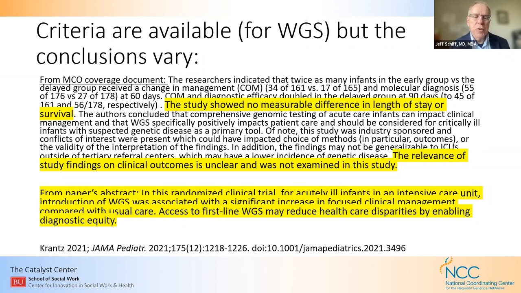It says the study showed no measurable difference in length of stay or survival, which is the outcome part. The relevance of the study on clinical outcomes is unclear and was not examined in the study. However, the paper's abstract directly addresses this. Instead, it said that in this randomized trial for acutely ill infants in the intensive care unit, whole genome sequencing was associated with a significant increase in focused clinical management and created an opportunity for diagnostic equity.